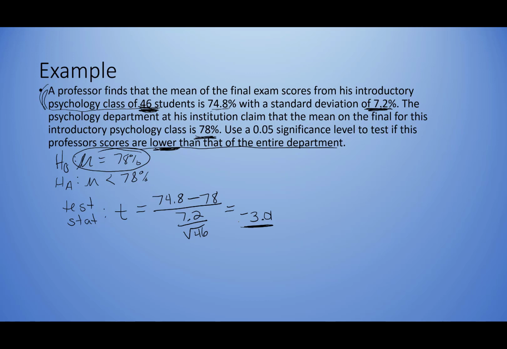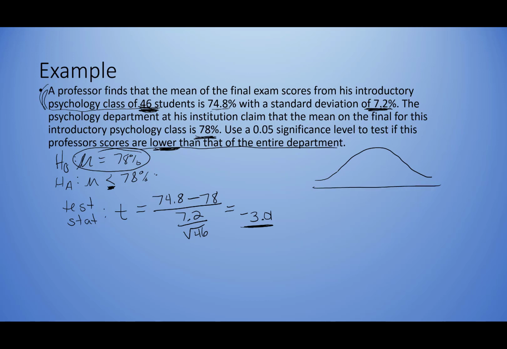Now at this point, you have to decide if you want to use the critical value method or if you want to use the p-value method. I'll quickly go over both of them, but after you do several of these examples, you'll have to decide which method you prefer. They will both produce the same results. So now, because our alternative hypothesis here was a less than symbol, just to get a visual of what we have going on here.